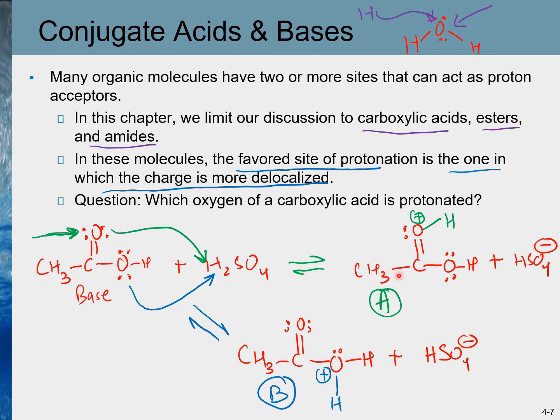In other words, whether it's A or B, whichever is capable of delocalizing this charge, that species will be preferred. If the positive charge is dispersed or delocalized better in A, then A will be the favored product. If the charge is delocalized in species B, then B will be the favored.